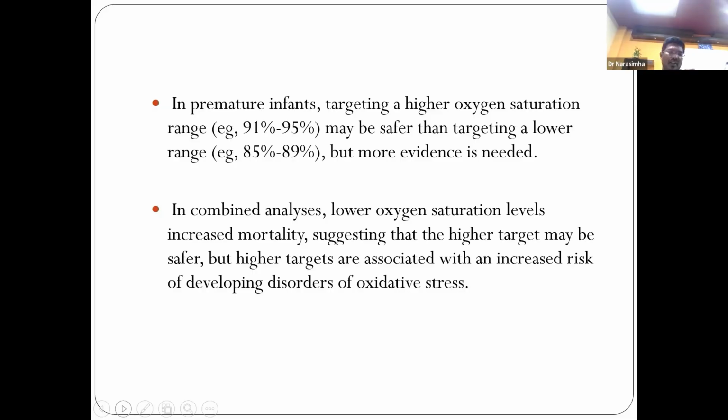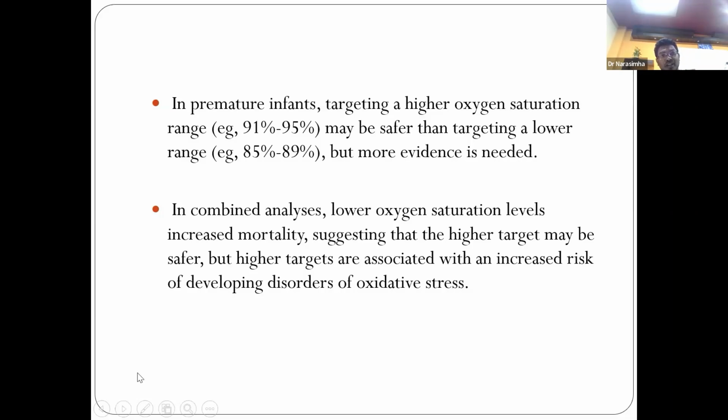There are two things here: one is mortality and the other is morbidity. Just to make you understand, I'm quoting it like this. If higher FiO2s or higher saturations are used, the chance of mortality goes down, but the chance of morbidity is high because of ROP and other things as well. But if you take low oxygen saturation points, the chance of mortality goes high.